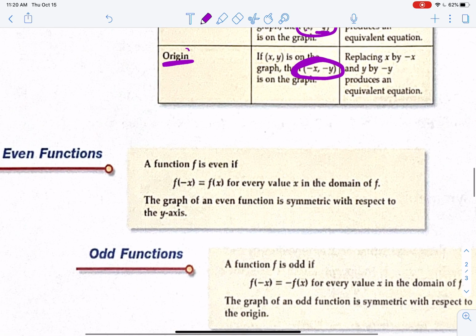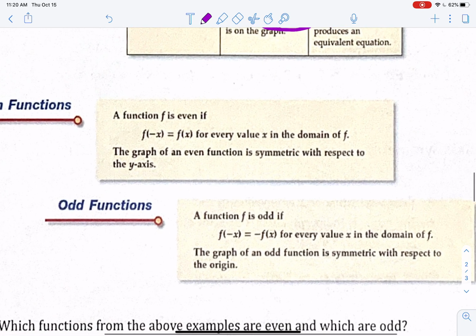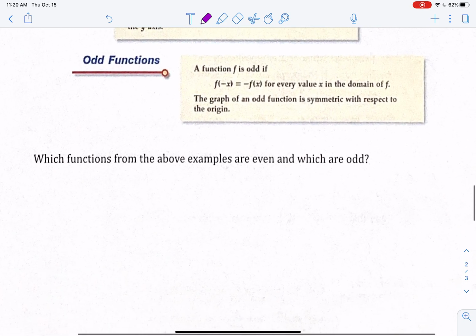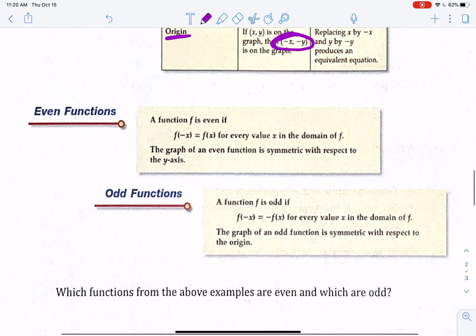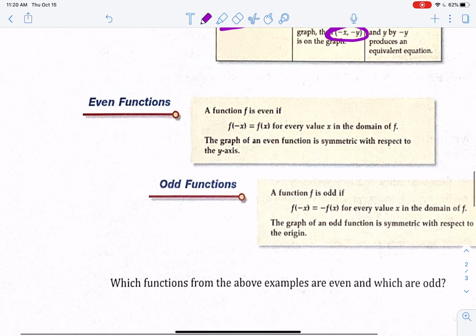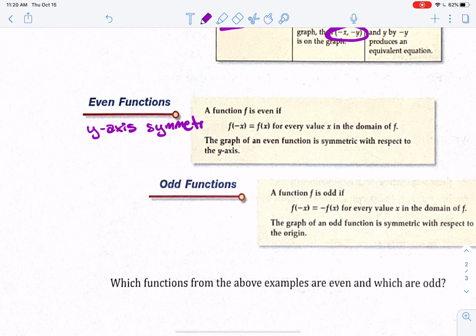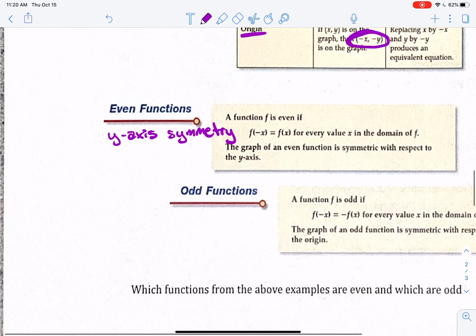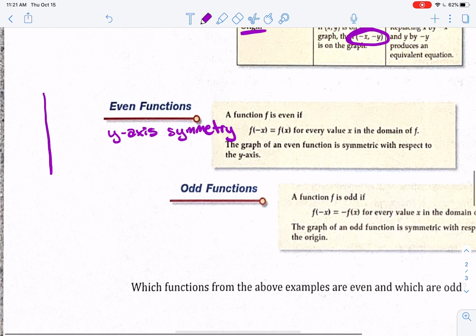So the last thing down here is even functions and odd functions, okay? An even function is considered to be an even function if it has y-axis symmetry. That's it. They just call it even. So one of the functions that I set up above that had y-axis symmetry was a parabola.